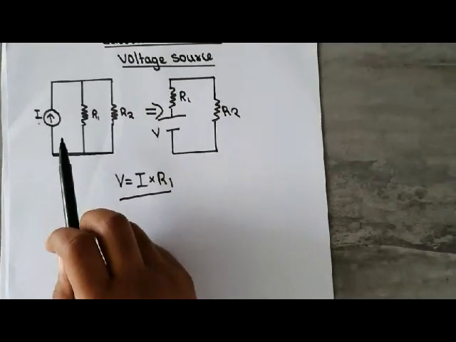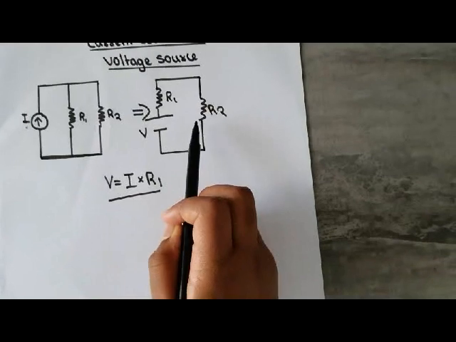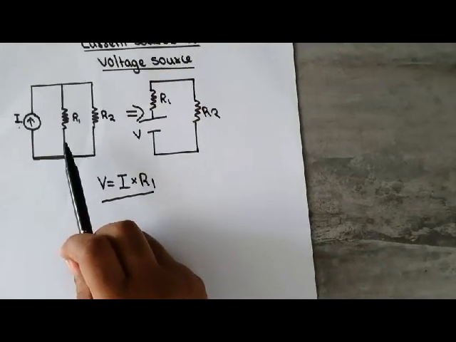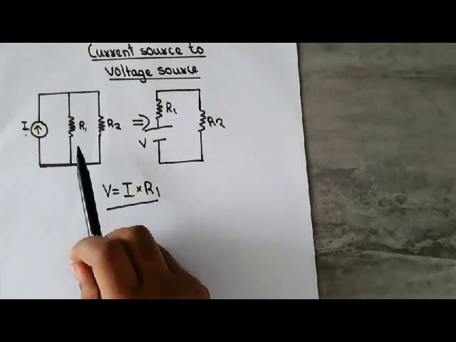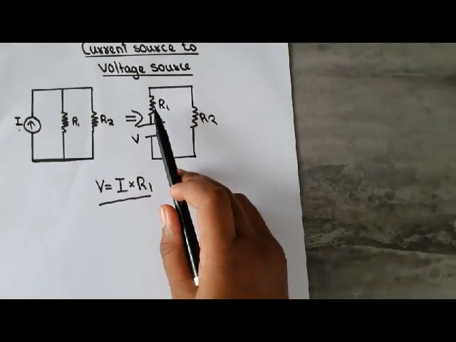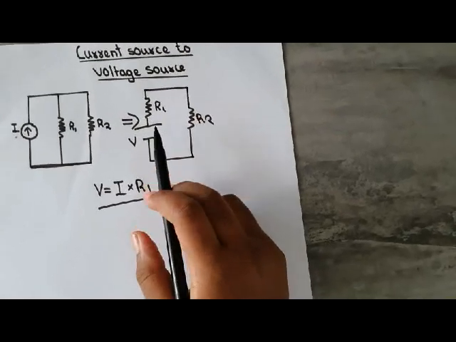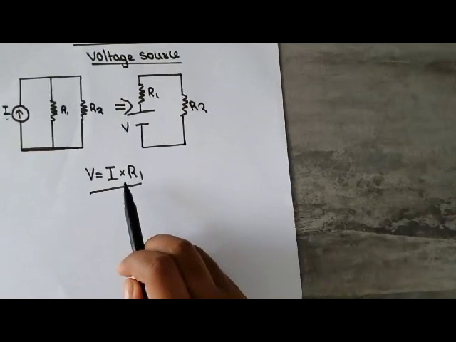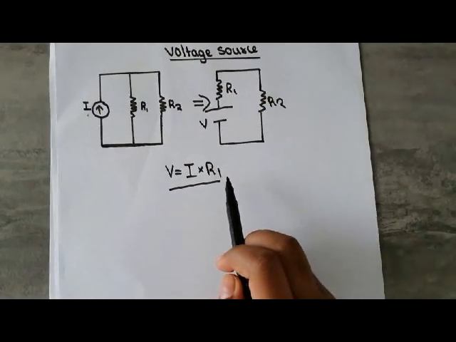So to convert a current source to a voltage source, you need a current source that's connected to a parallel resistance, and when you convert it to a voltage source, the resistance becomes series with the voltage source, and the voltage of the voltage source will be V is equal to I into R1.